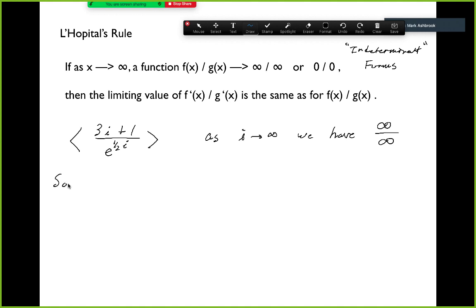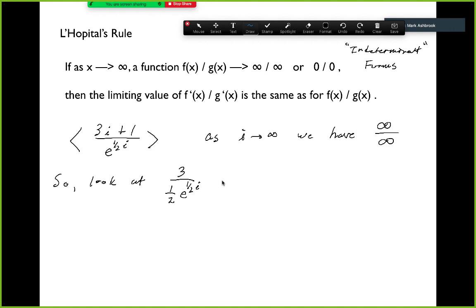So by L'Hopital's rule, we can look at the derivative of the numerator divided by the derivative of the denominator. What's the derivative of the numerator? 3. Derivative of the denominator is 1/2 e to the 1/2 I, right, chain rule.